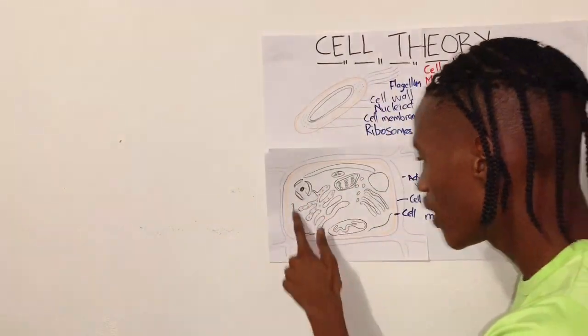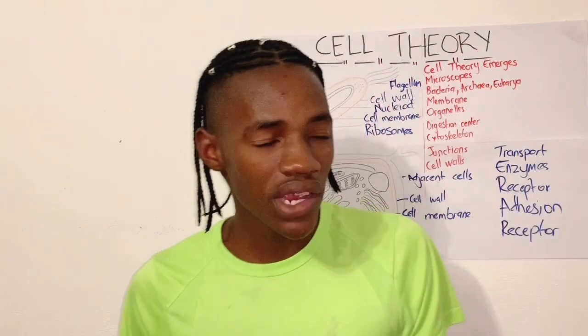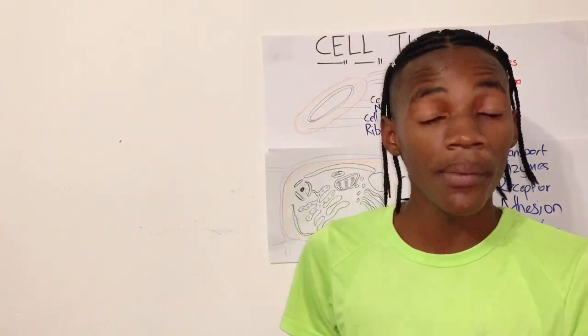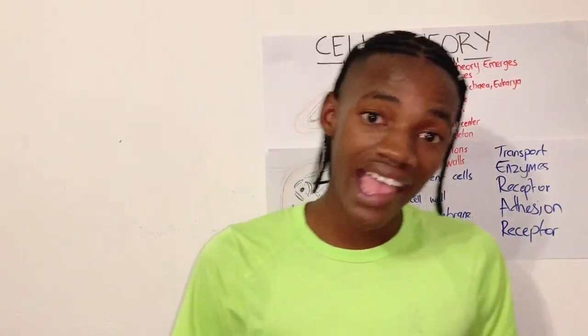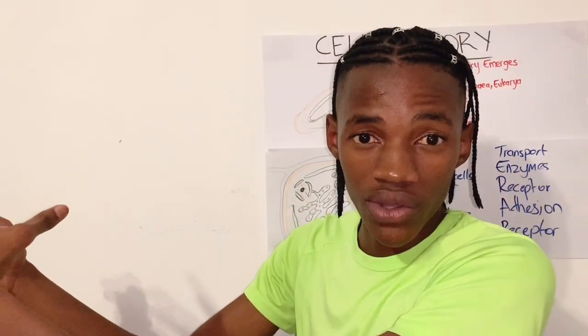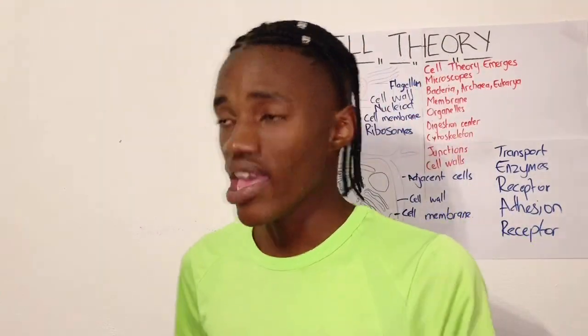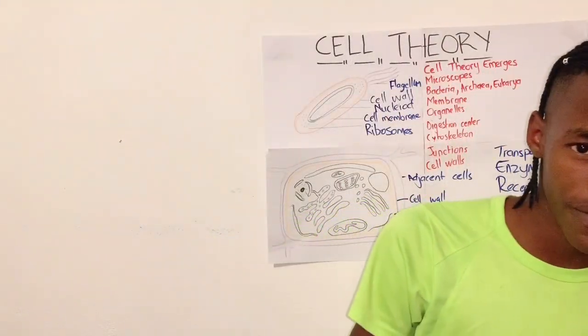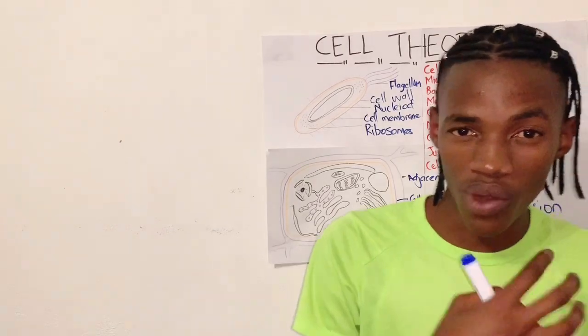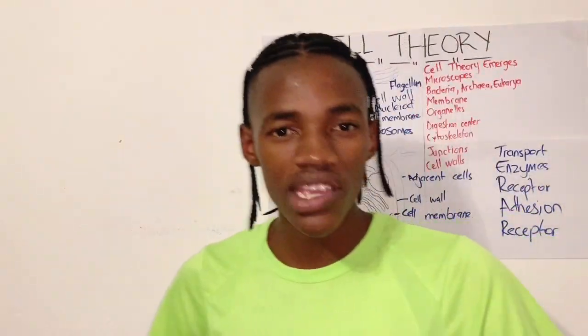The endoplasmic reticulum is pretty much a stack of membranes that originate in the nucleus and spread out across the whole entire cell. And then we have rough endoplasmic reticulum, and smooth endoplasmic reticulum.